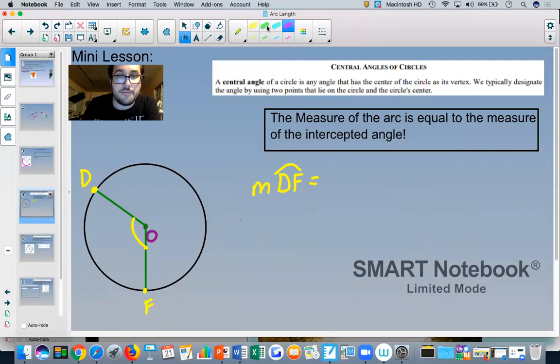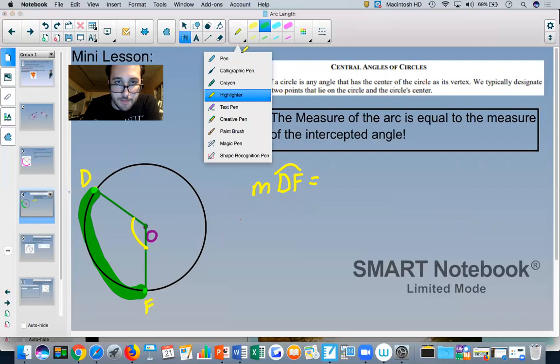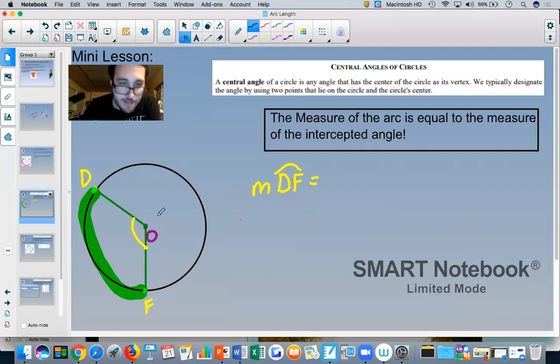I'll highlight it for you. It's going to equal the angle measurement of our central angle. So let's pretend this is 40 degrees. Then the measure of the arc is going to be considered 40 degrees, like this.